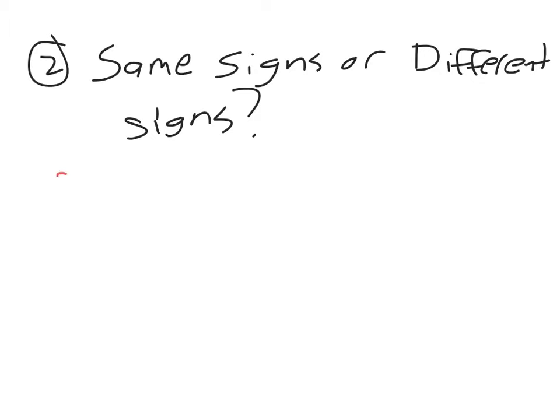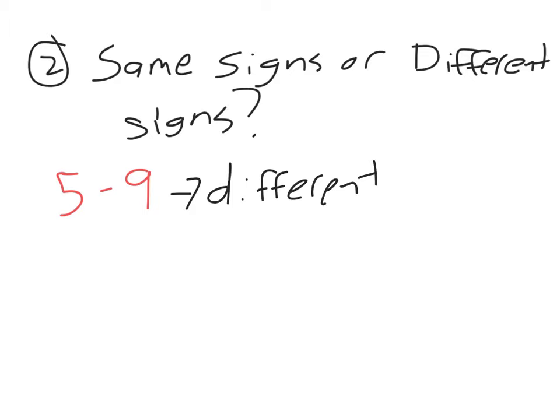If I had 5 minus 9, does each one of those numbers have only one sign? Yes. Are those signs the same or are they different? What's the sign of the 5? Positive. Even though we can't see it, the sign of the 5 is positive. What's the sign of the 9? Negative. So are those the same or different? They're different.